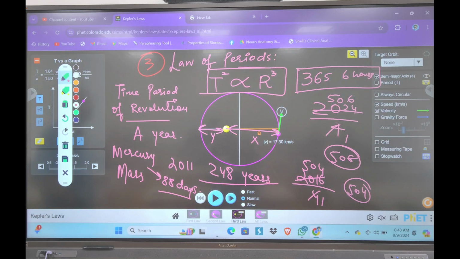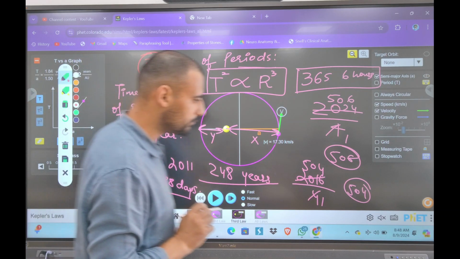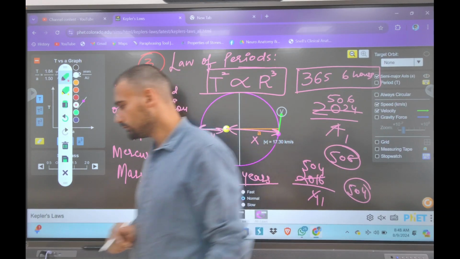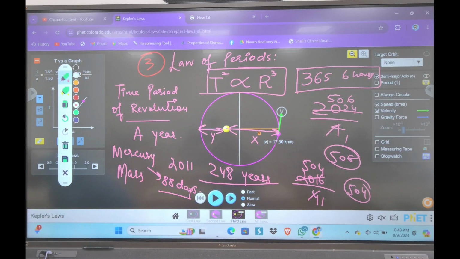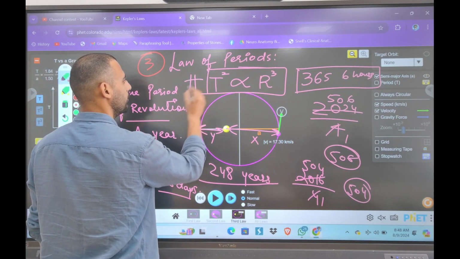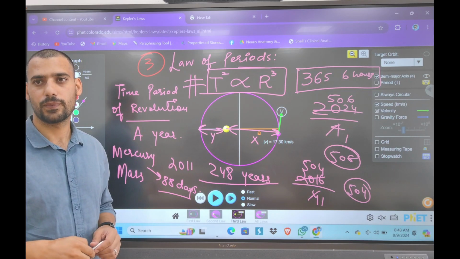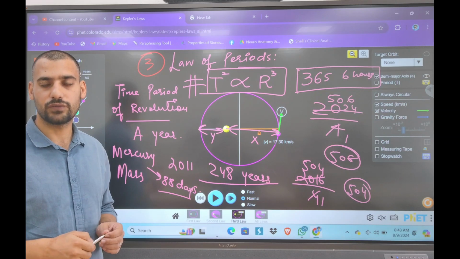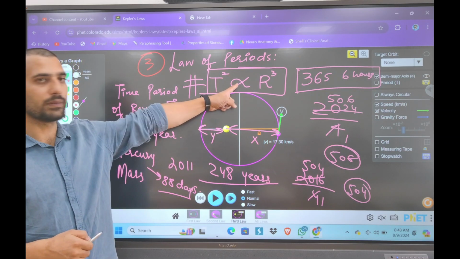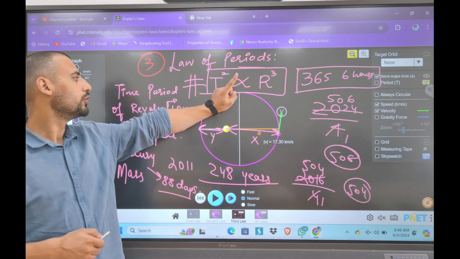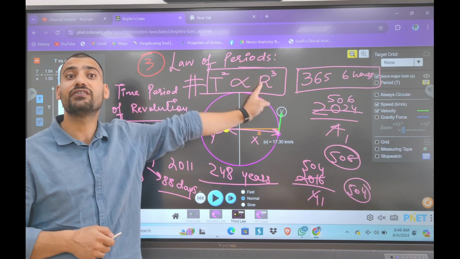As per the law of periods, the square of the time period of revolution is directly proportional to the cube of the average distance.